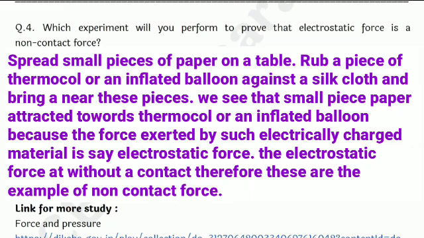We see that the small pieces of paper are attracted toward the thermocol or balloon, because the force exerted by such electrically charged material is called electrostatic force. The electrostatic force acts without contact, therefore these are examples of non-contact force.